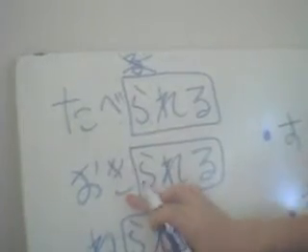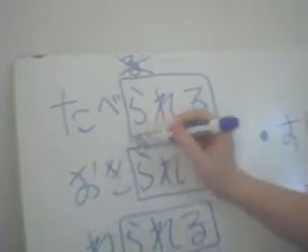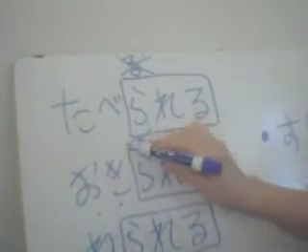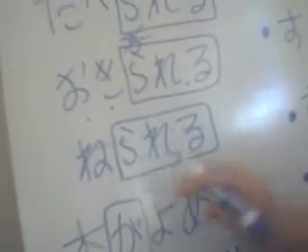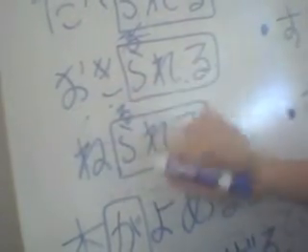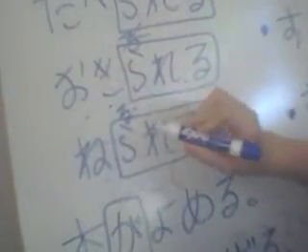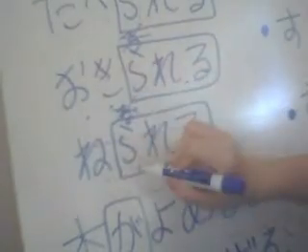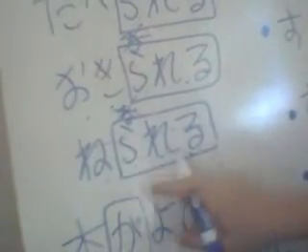Here's okiru. It used to be okiru, but I got rid of the ru and I added rareru, okirareru. Here's neru, but I got rid of the ru and added rareru, so it's nerareru.